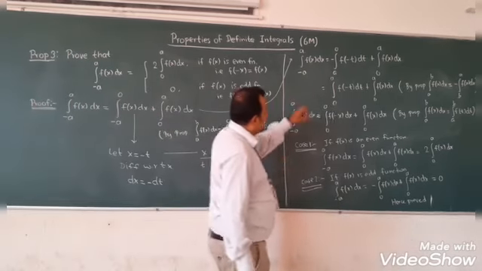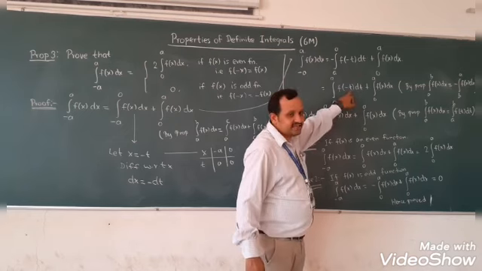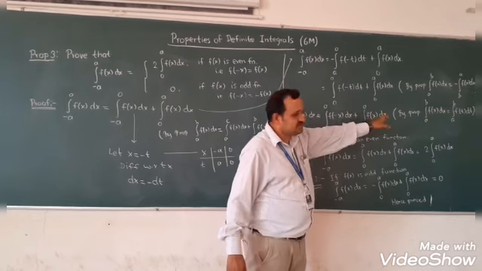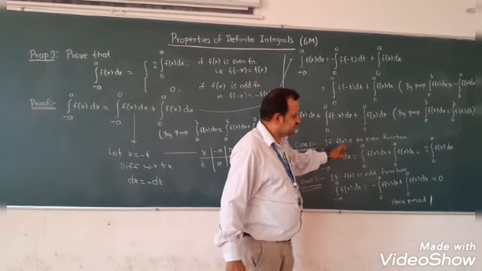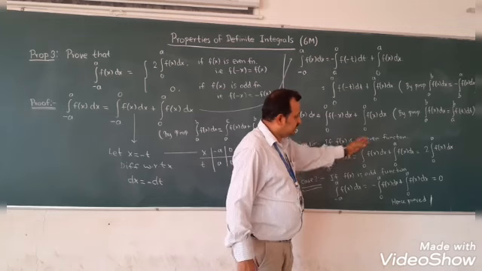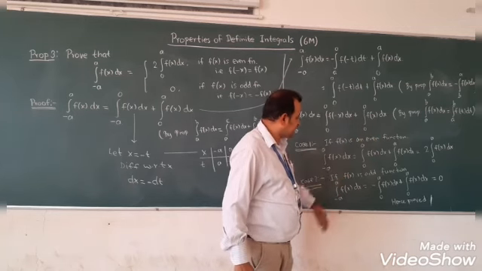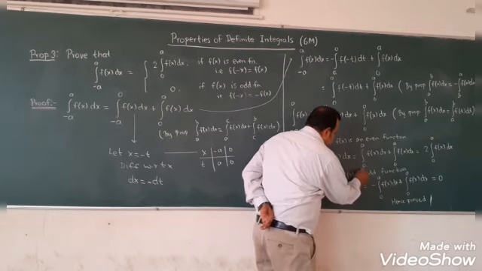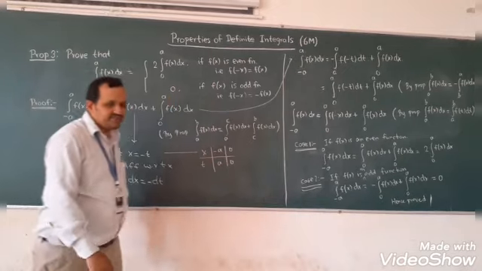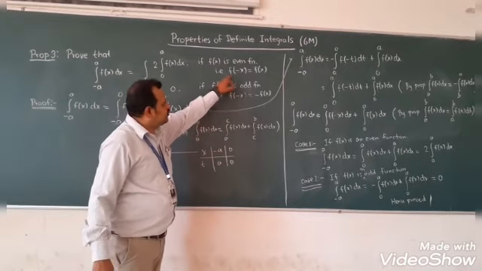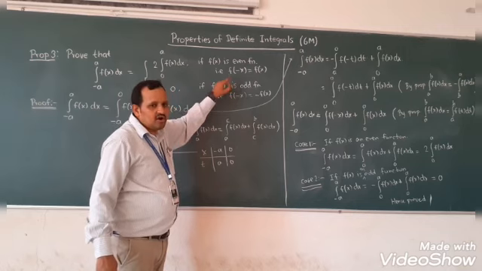Now to eliminate minus, limits will get changed. Right, in place of t, we can write x by using that property. Right, then cases will come. If f of x is an even function, it will be 2 times 0 to a f of x dx, and if f of x is an odd function, then the value is equal to 0. I hope proof is clear. So once again you have to memorize condition of even function and odd function.